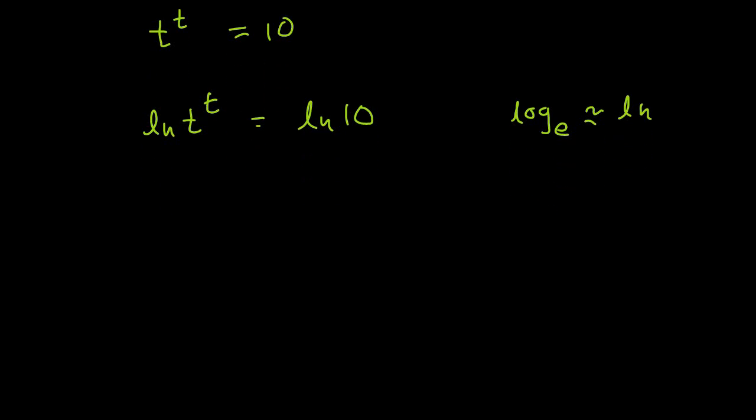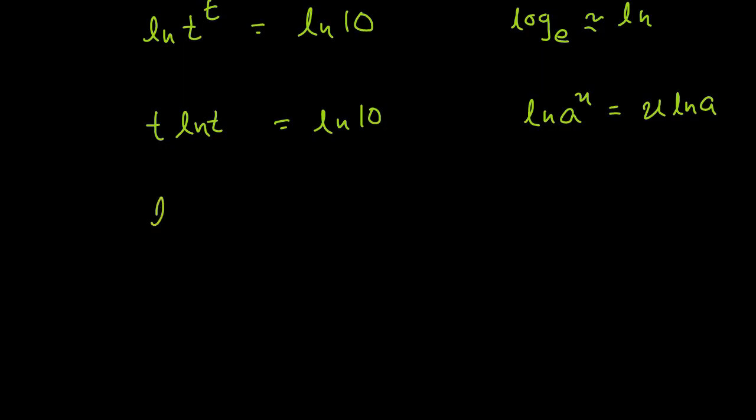Then we can write t ln t equals ln 10, since ln a to the power x can be written as x ln a. So we have applied this rule here.